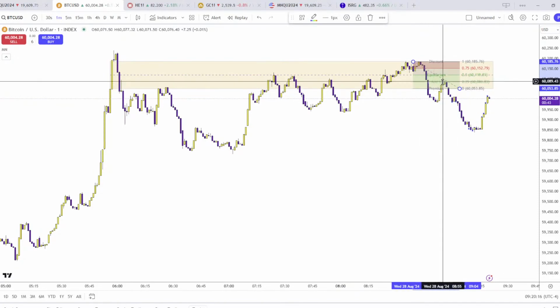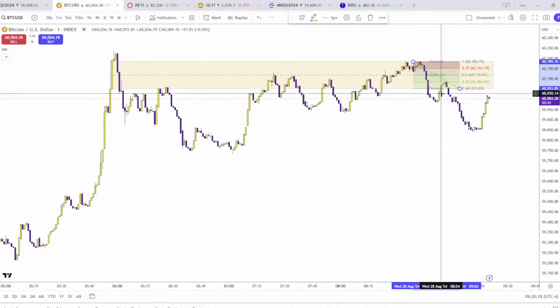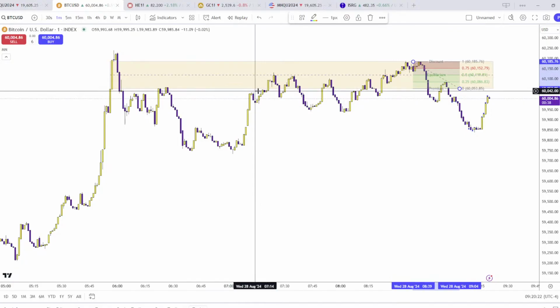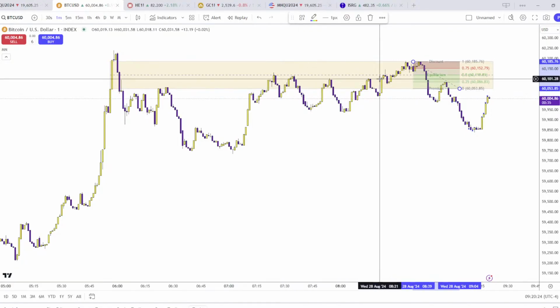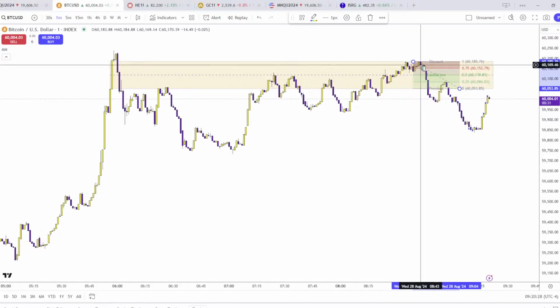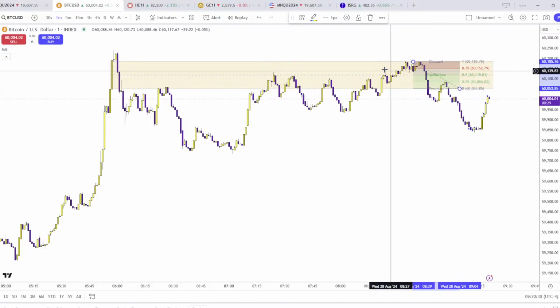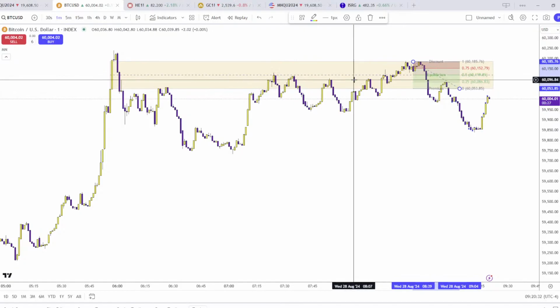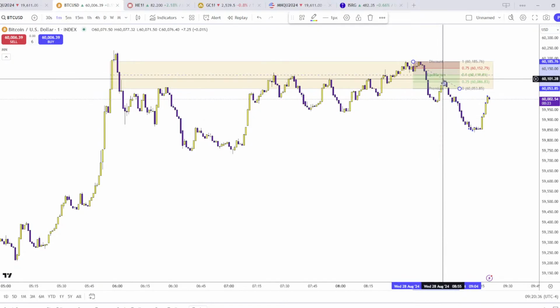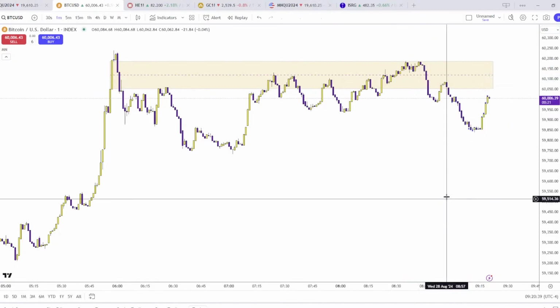Right off that, continue lower. That's a beautiful work of your quadrants, all inside that fair value gap at the top. It's beautiful.